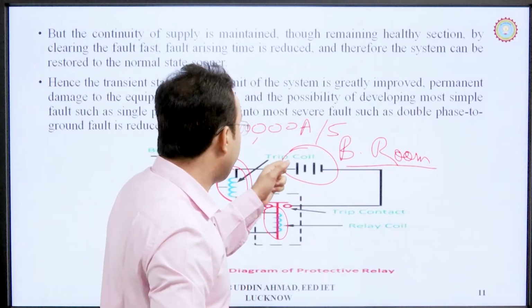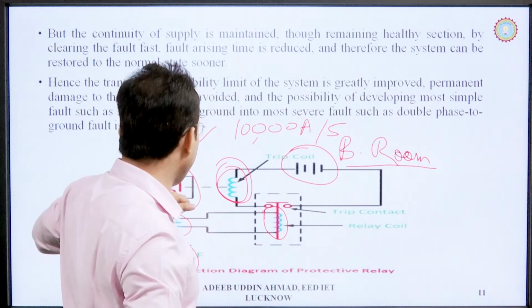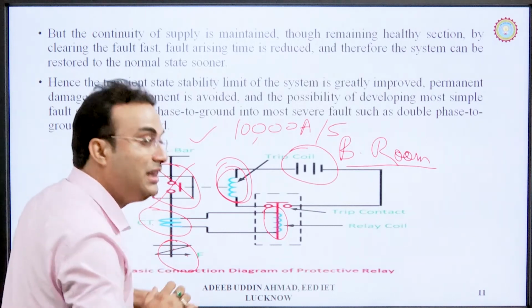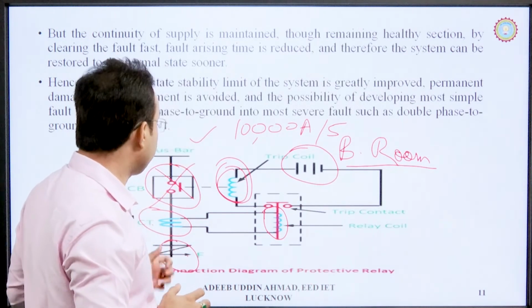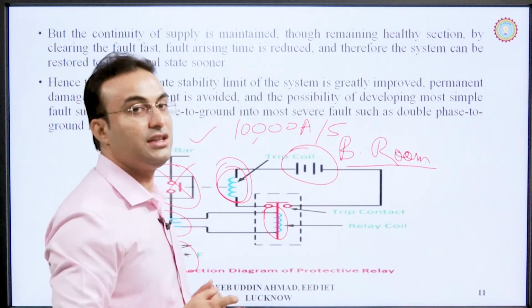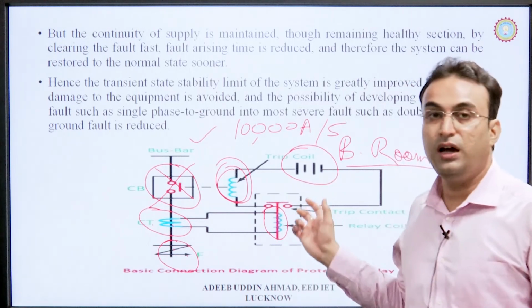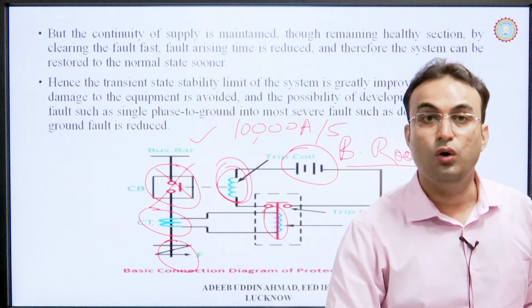After that the trip coil is energized, and after the energization of the trip coil, the circuit breaker will operate, and this faulty section is isolated from the healthy section. So, all the faulty section is isolated from the healthy section. That is very important. This is basically the phenomenon of the protection to understand how the relay works.